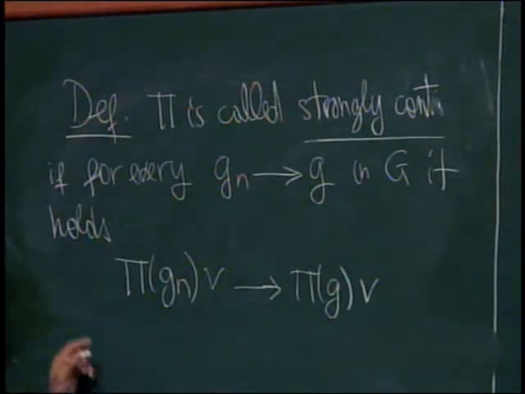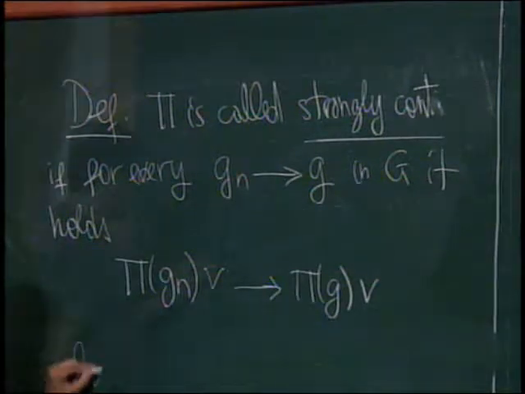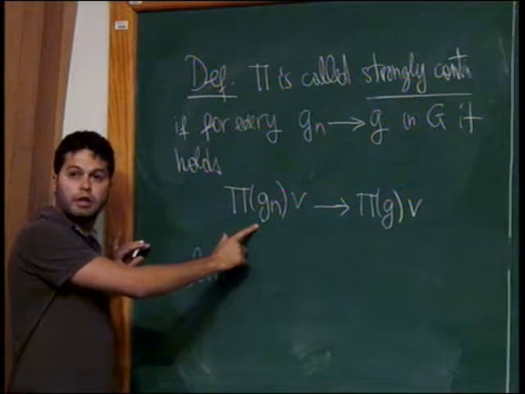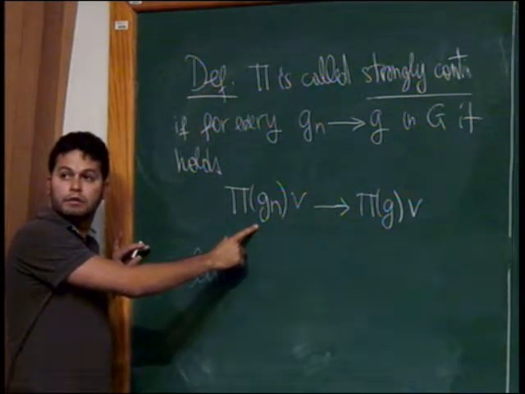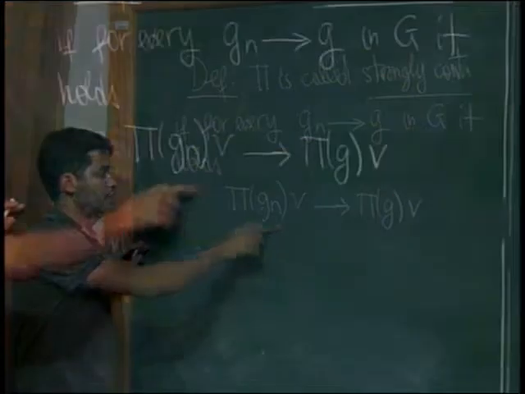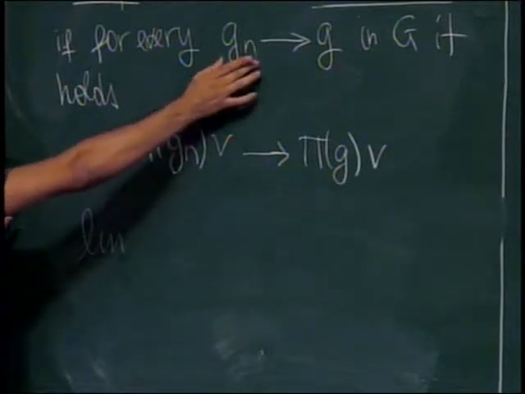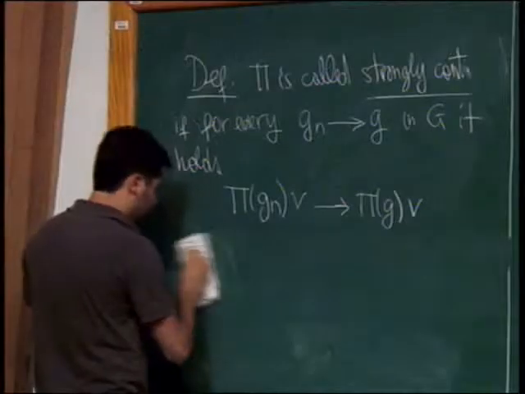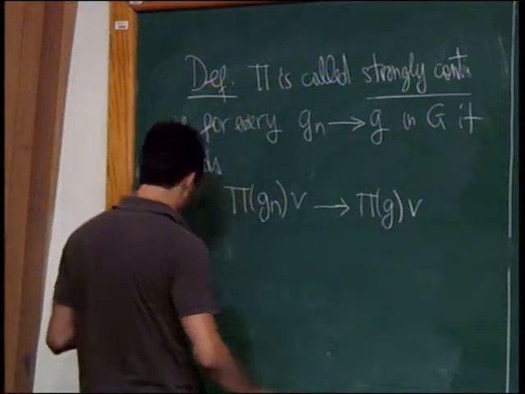Okay? So basically, it's just like the limit can go inside the argument of pi. The limit of g_n is g, so you have this property. This is what you call strongly continuous.